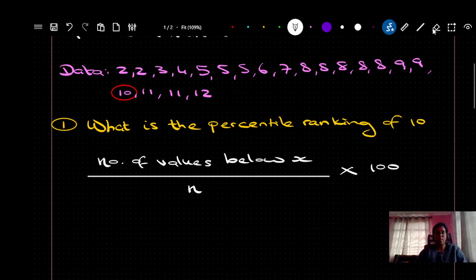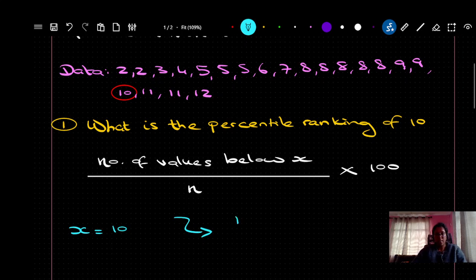So let's apply the formula. Our x is 10. How many numbers do we have below x? 1, 2, 3 up to 16.